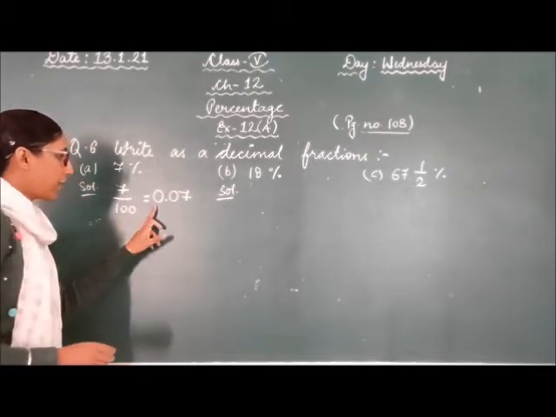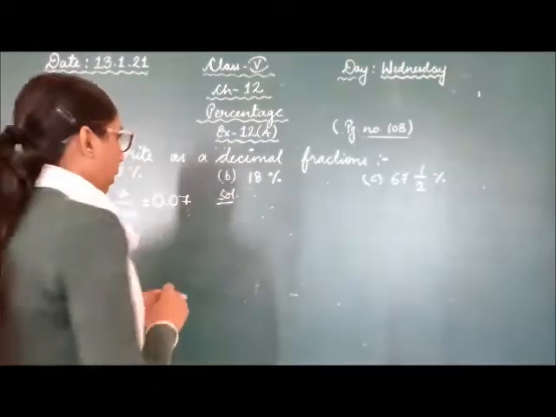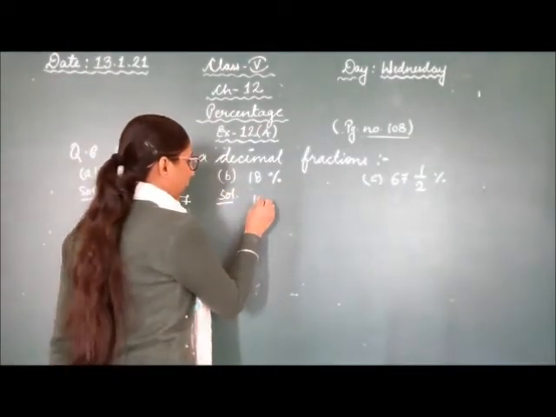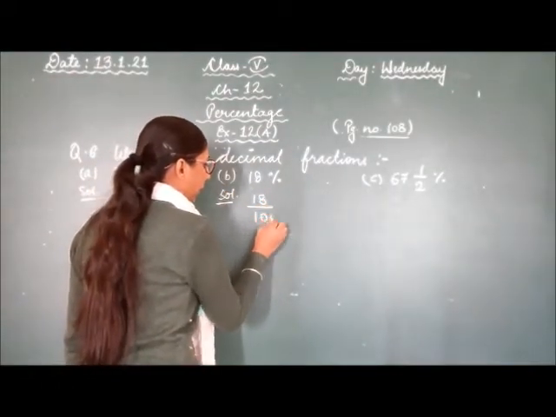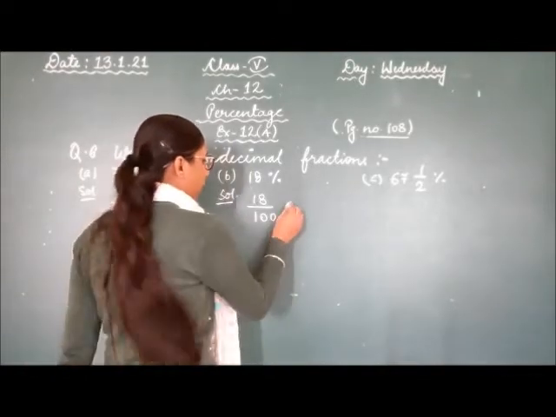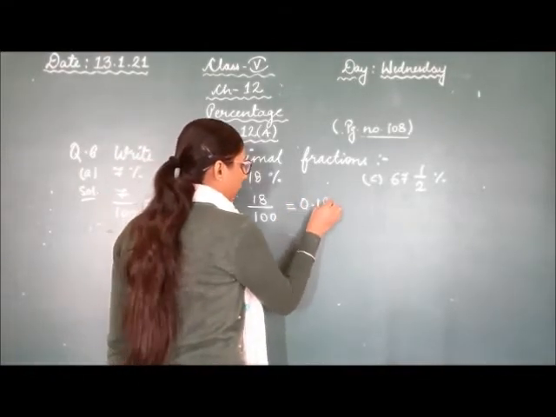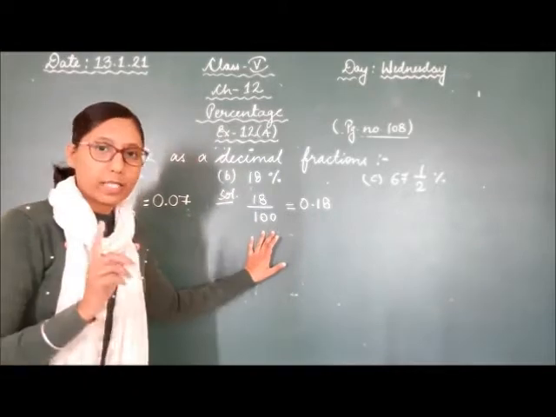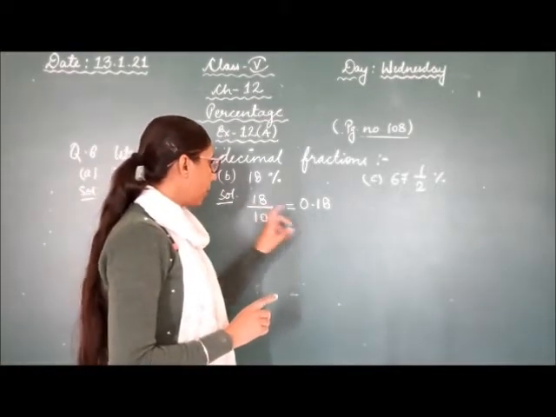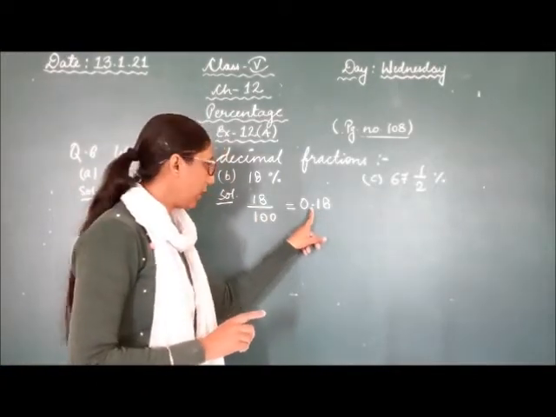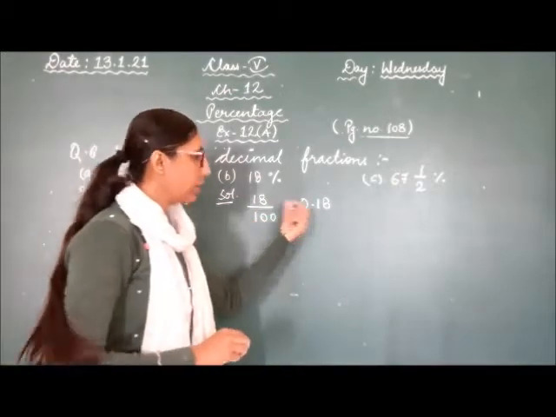So the answer is 0.07. In B part, 18%. 18% can be written as 18 by 100. So now this will be 0.18, because we are going to put a decimal point 2 digits before. So 2 digits before, what will happen? 8 and 1, before 1 a decimal point will come, and this is the answer.